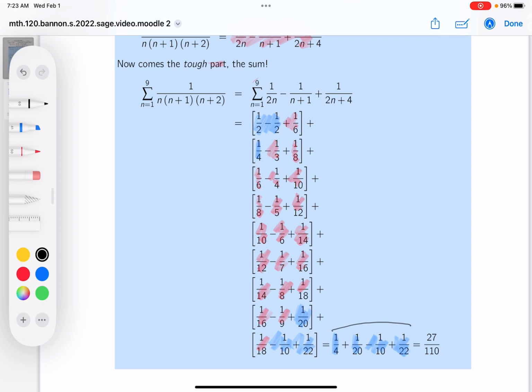How many terms do you have here? Let's count them up: 1, 2, 3, 4, 5, 6, 7, 8, 9. And each has 3 terms in it, so 9 times 3 is 27 terms. I reduced it to a problem with only 4 terms. And you can imagine if this got bigger, like if I was using 9,000 instead of 9, I could probably still do it with that pattern.